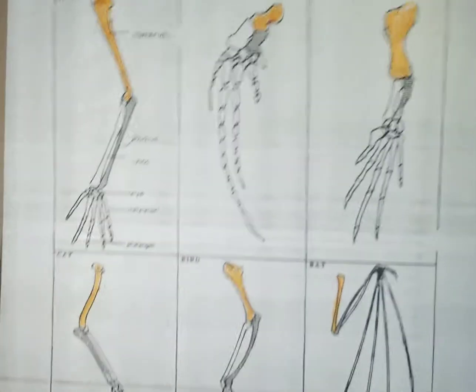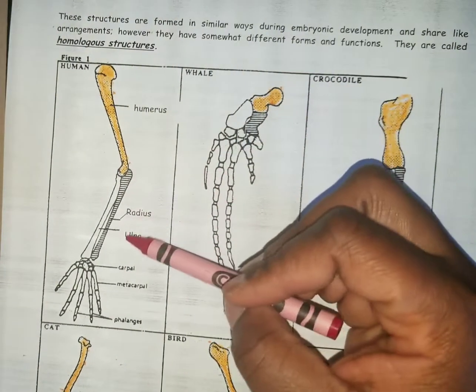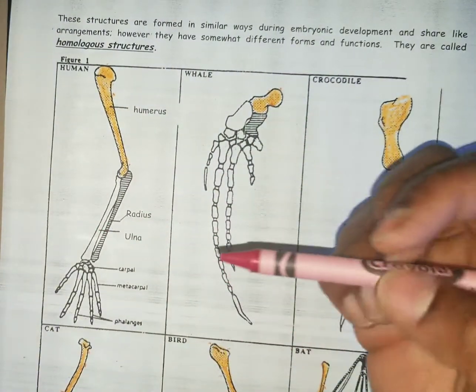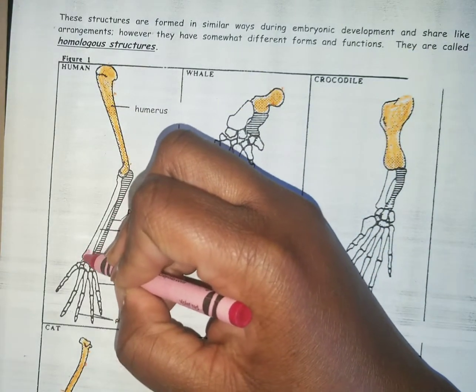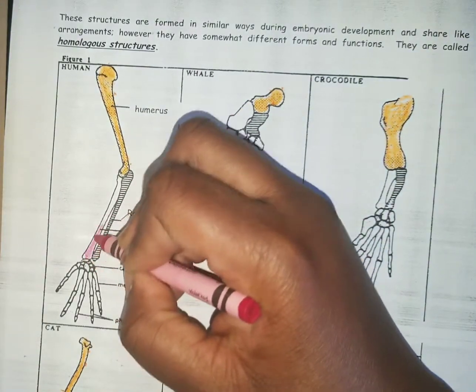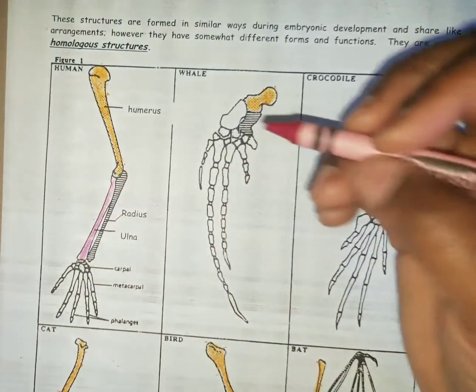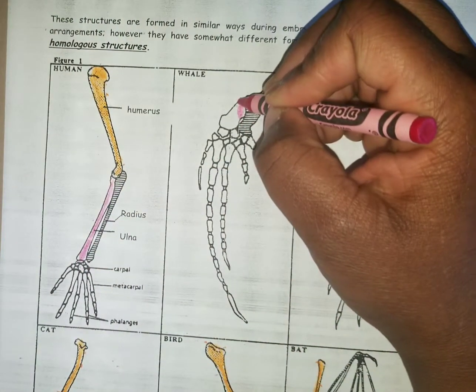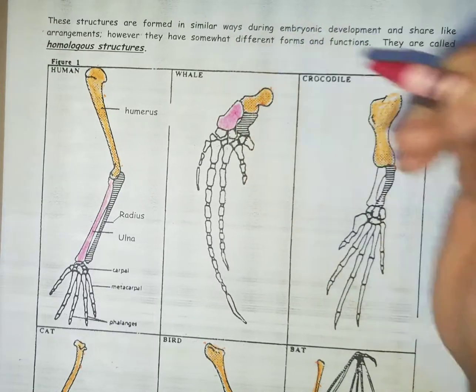Okay, don't talk about my coloring skills. Okay, the next bone we're gonna color is the ulna, which is right here. It's next to the striped bone, but it's not striped, so I'm gonna color that red. Here's next to the striped bone. Color that red.